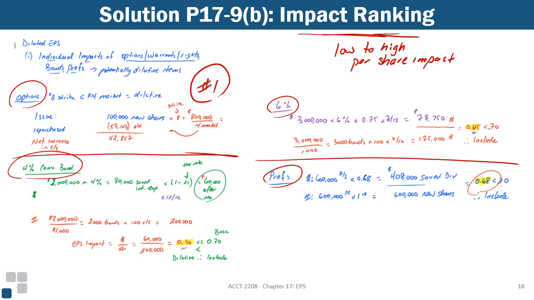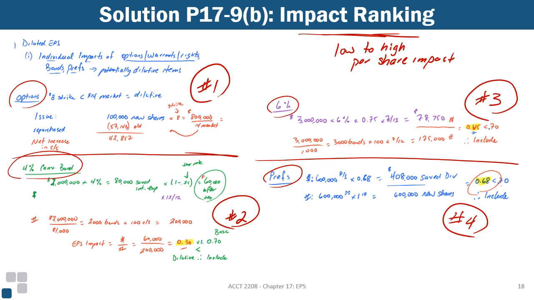Well, 30 is the lowest, so this will be ranked number 2. Then of the two left, 45 is less than 68, so the 6% bonds are number 3. And that leaves the preferred shares as number 4. So that is the correct order to do the next step.